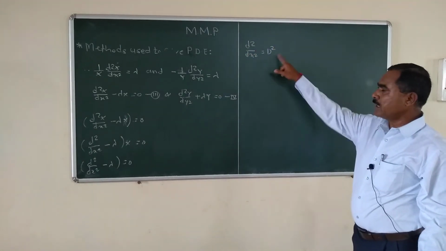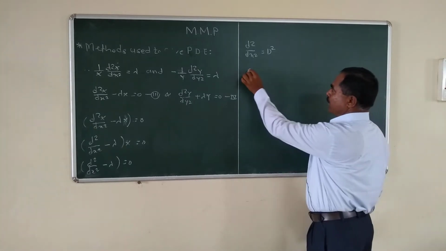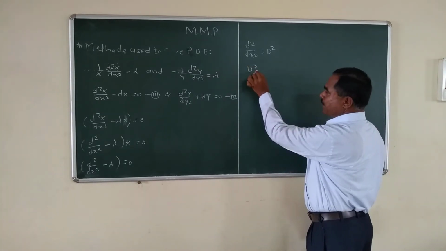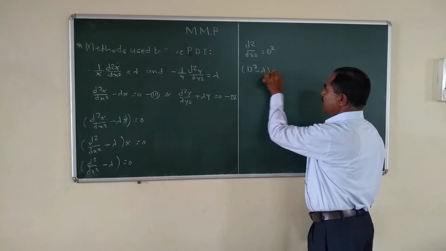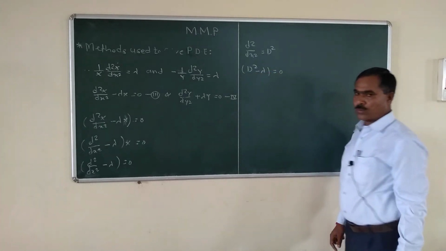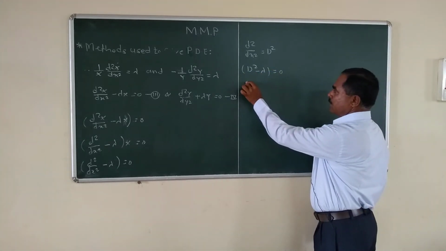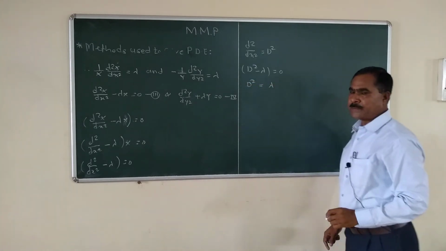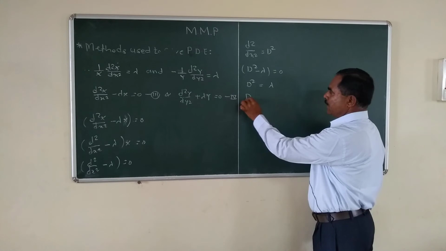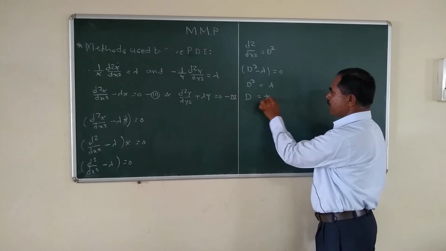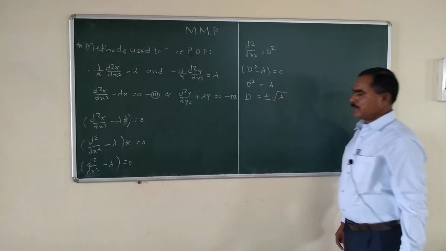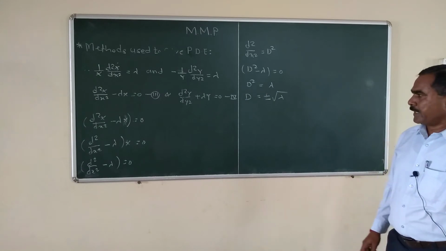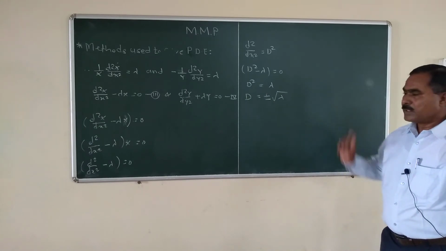Here D is the operator. Therefore D square minus lambda equal to 0, or D square equal to lambda, or D equal to plus minus root lambda. Thus we get 2 roots of D as plus minus root lambda.